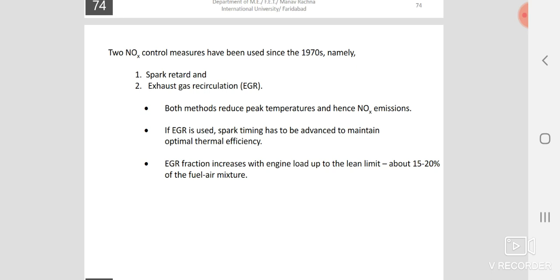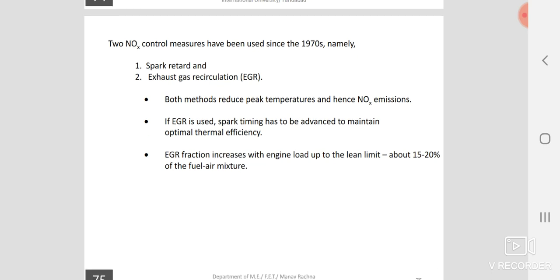So using the exhaust gas recirculation, we can make the spark timing advanced so that it takes some time to get into combustion mode. Remember that exhaust gas is already at a high temperature.